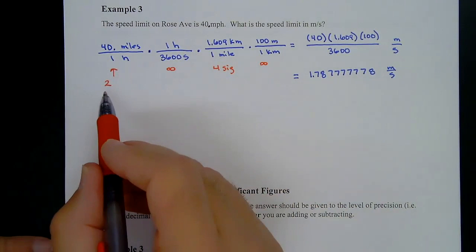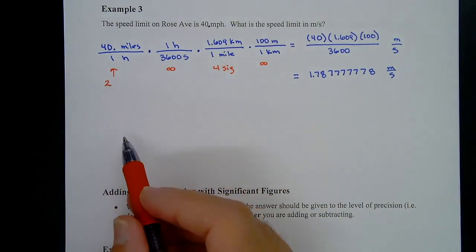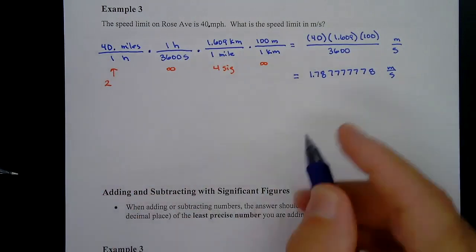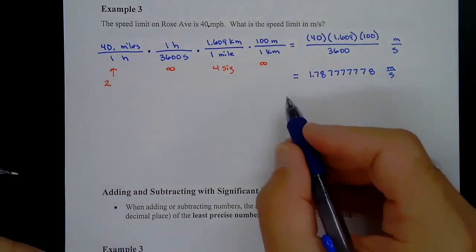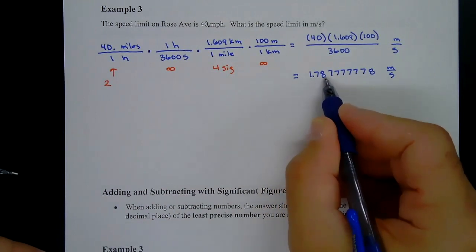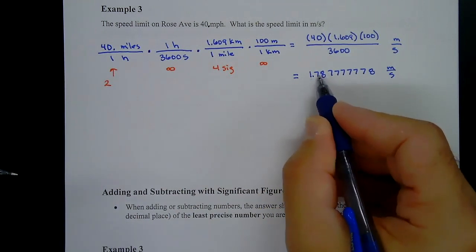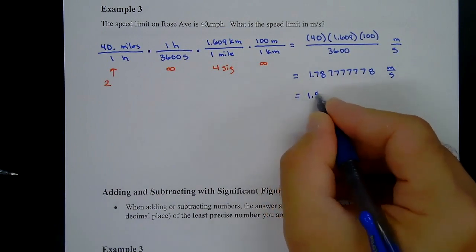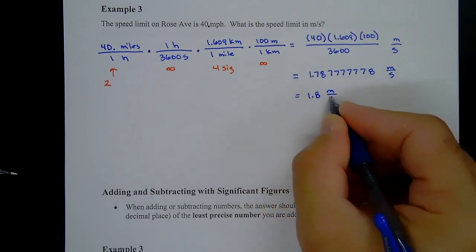So the least one is this one, right? 2. So we can only go to 2 significant figures. So this 1.78 blah, blah, blah, we can only actually use the first 2. So this 8, because that's the third significant figure, we're going to use it to round to 2 significant figures. So this becomes 1.8 meters per second.